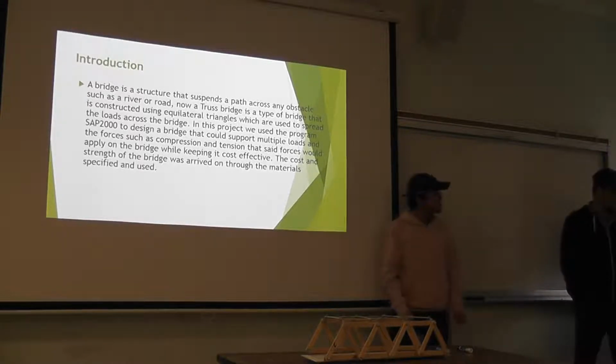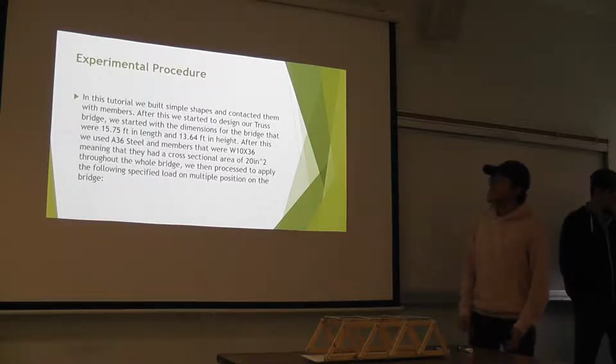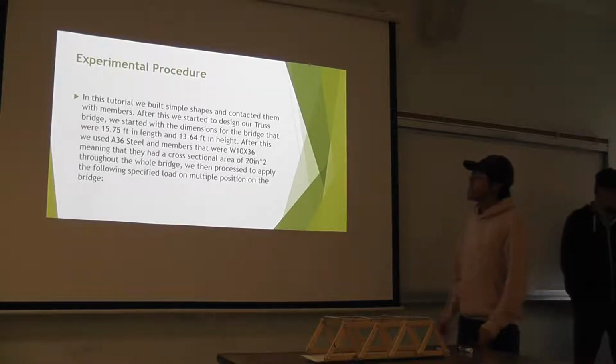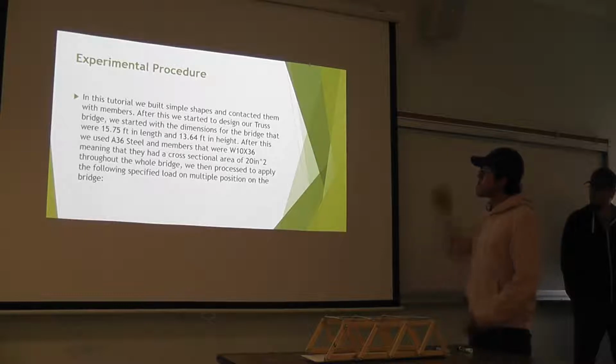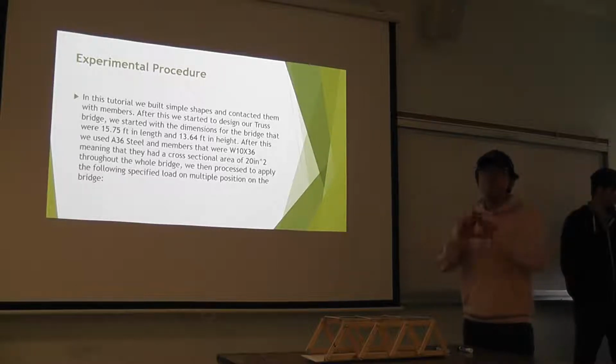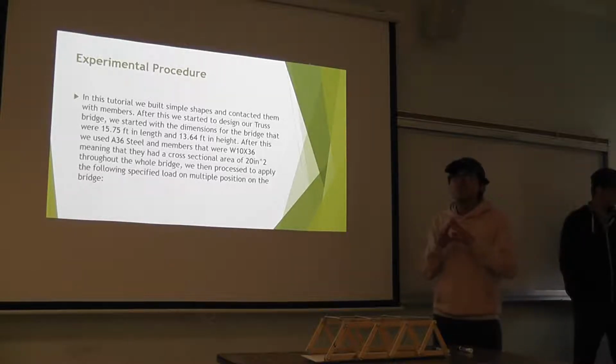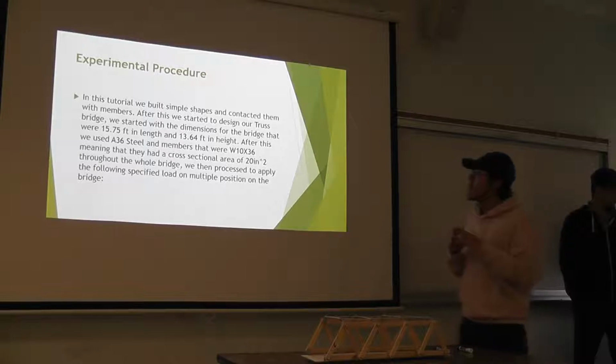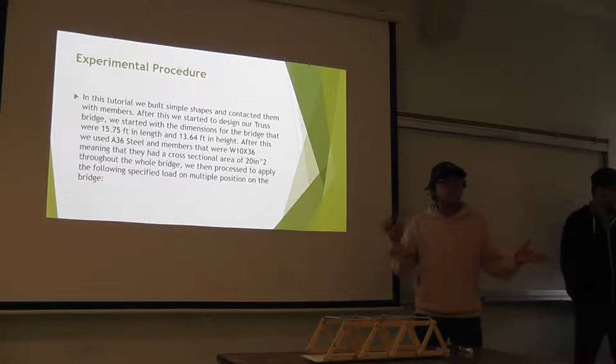All right, so in this procedure, we use the dimensions of a bridge. First, we need to calculate a cross-sectional area, or that's one way to go about it. You have your member, you have a cross-sectional area, and use this to calculate loads.